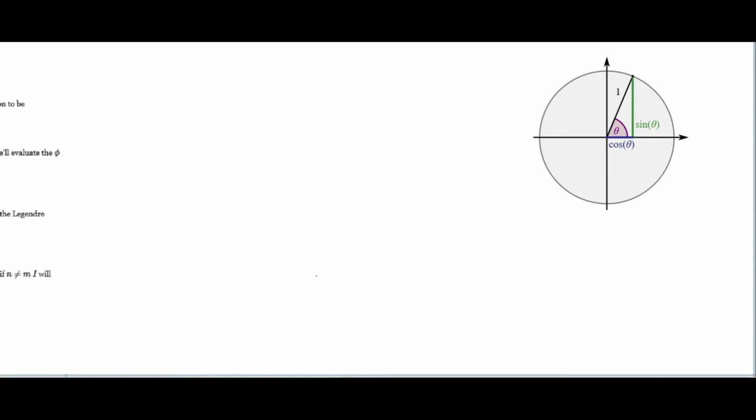And so maybe a good way to think about it intuitively is you could think of the unit circle as sort of circular harmonics.